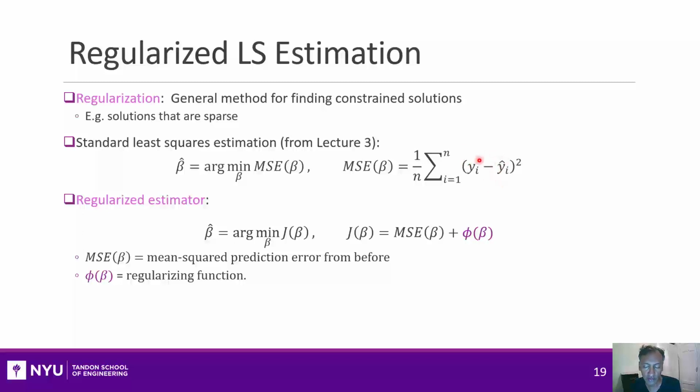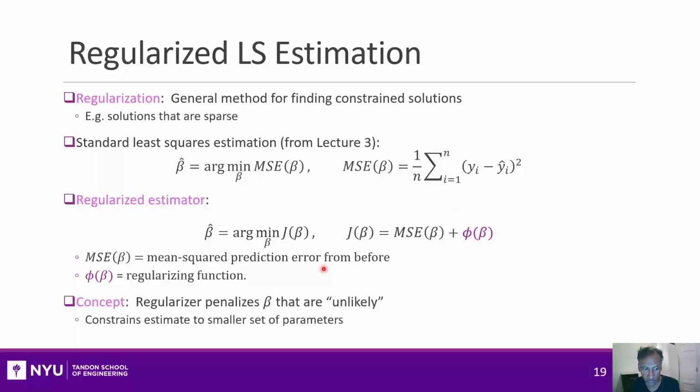Regularized estimator does the same thing but adds a term. So instead of trying to minimize the mean squared error directly, you minimize this function, which I've called J, and it has two terms. One is the mean squared error, just like before, but I also have this other term which I've called phi of beta, and that's called the regularizing function.